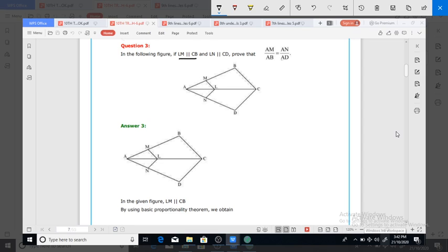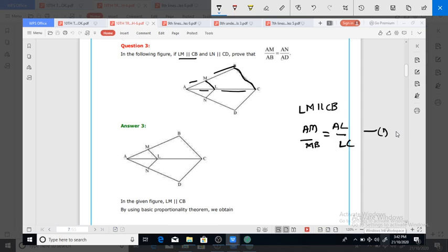First condition: LM parallel to CB. So what do we say? AM by MB equals AL by LC. Write the condition: LM is parallel to CB, so AM divided by MB equals AL divided by LC.